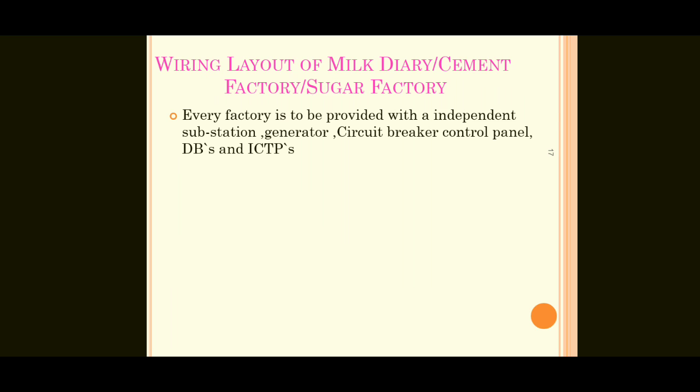For a cement factory, milk dairy or sugar factory, every factory is to be provided with an independent substation, generator, circuit breaker, control panel, DBs and ICTPs.